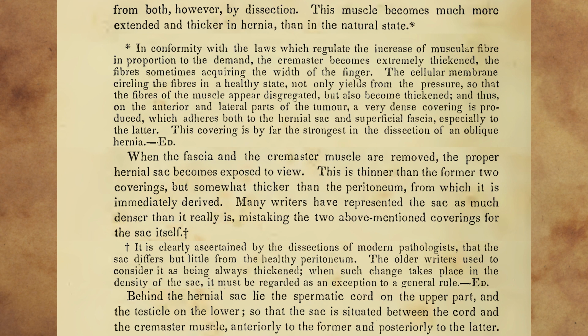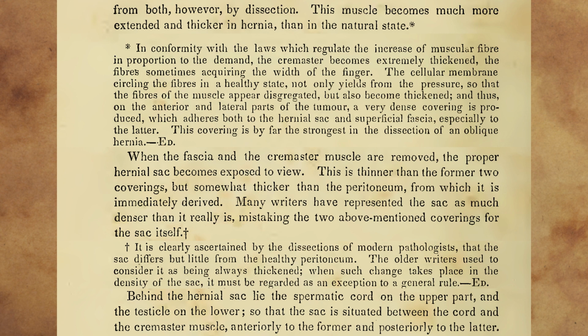Footnote. It is clearly ascertained by the dissections of modern pathologists that the sac differs but little from the healthy peritoneum. The older writers used to consider it as being always thickened. When such change takes place in the density of the sac, it must be regarded as an exception to a general rule. Ed. See plate.